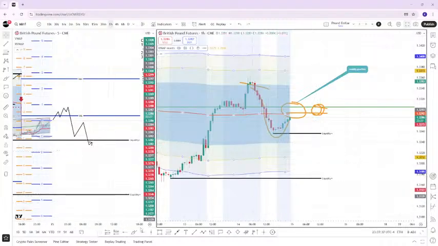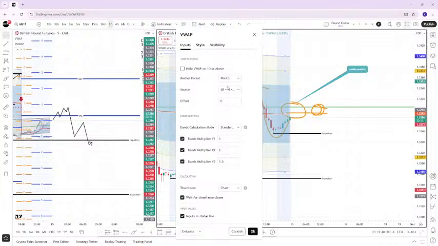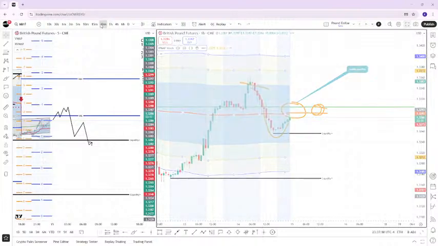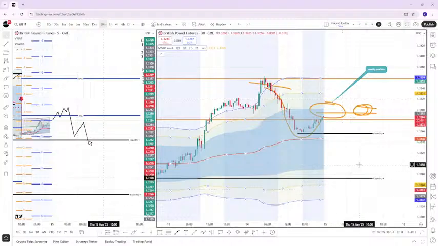So it should be an easier target, previous day low. And looking at weekly, it could hit that 2-day low.